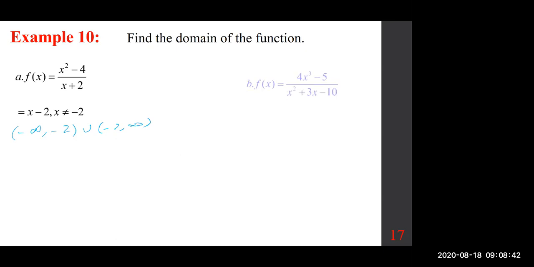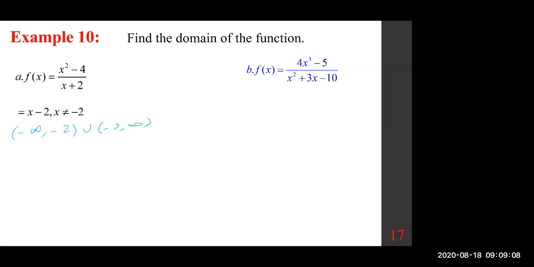For this function, you do the same thing. Denominator cannot be 0. So you set it equal to 0 and you exclude that. To set it equal to 0, you need to factor it. Everybody knows how to factor this. It's x and x. You want two numbers. The product is -10. The sum is +3.